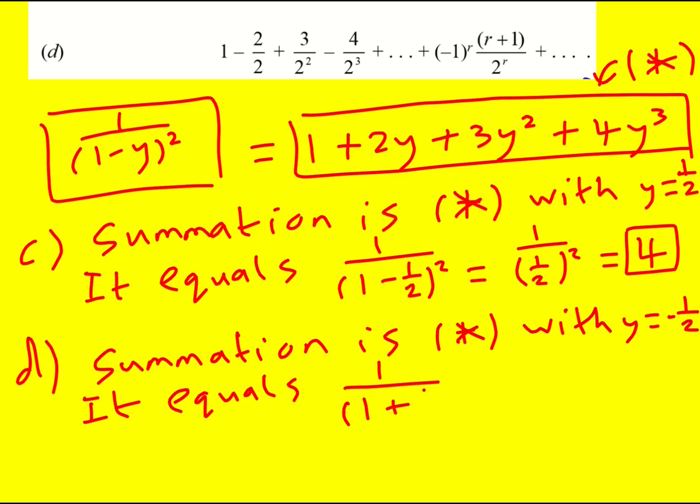So it's going to be minus minus a half, which is 1 plus a half. That's going to be 3 over 2, which if we square it, gives us 9 over 4. So finally, we're going to get 4 over 9.